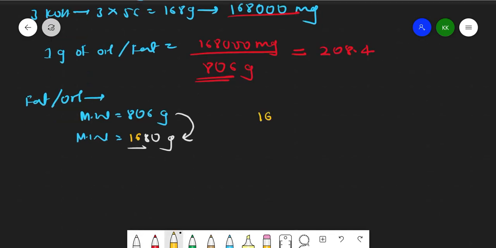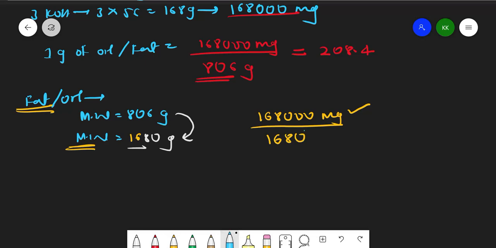Initially I have 168,000 milligrams of KOH, because for 3 equivalents I converted, I got this. Now my fat or oil's molecular weight is increased to 1680. So if I cancel out, ones are, it is hundreds. I'll get saponification value 100, right? Initially it was 208 for 806 gram. Now I got 100.